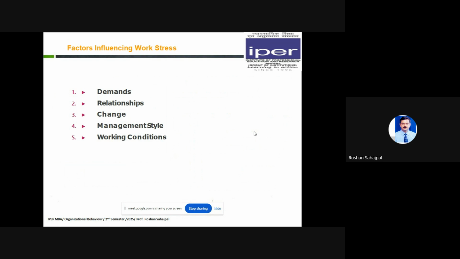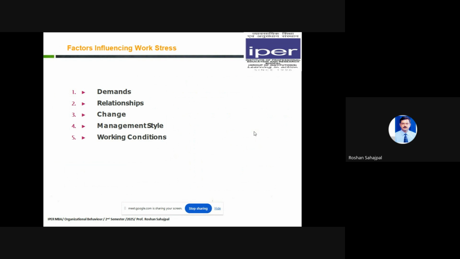So this will actually destabilize the equilibrium between the organizational life and the personal life of a person. So if extraordinary demands are put on an employee, the equilibrium between work life and personal life will be disturbed, and this will cause a lot of stress.